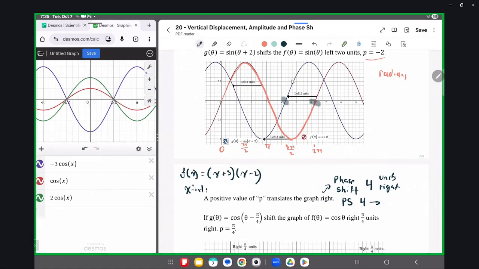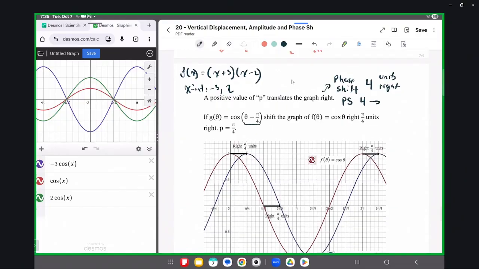So we would flip the positive 3 to become negative 3 and flip the negative 2 to be positive 2. This is done the same way because we would essentially set the argument, meaning the inside portion of cos, equal to 0. Sorry, theta minus pi over 4 is equal to 0. We call it the argument for technical reasons, and when I say that, I just mean the stuff that's affecting the angle itself.